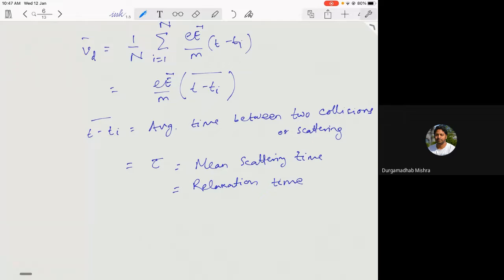And in principle, this tau is an average time. Okay, so sometimes it can happen that for some electrons this tau will be large, so the collision time will be large. For some electrons, this collision time will be less.